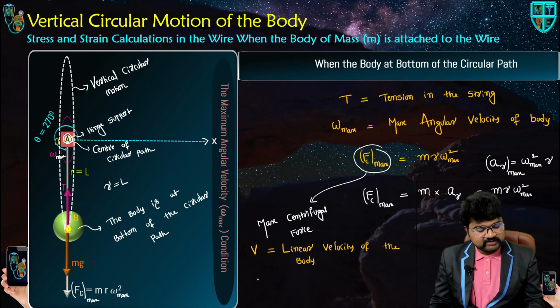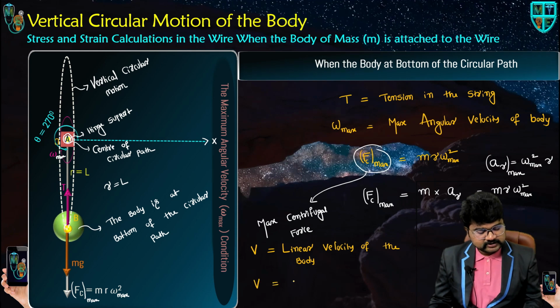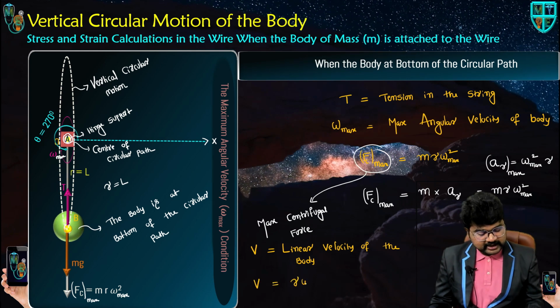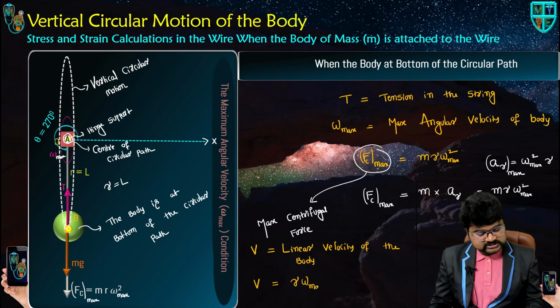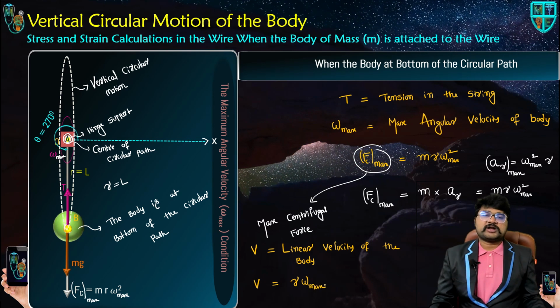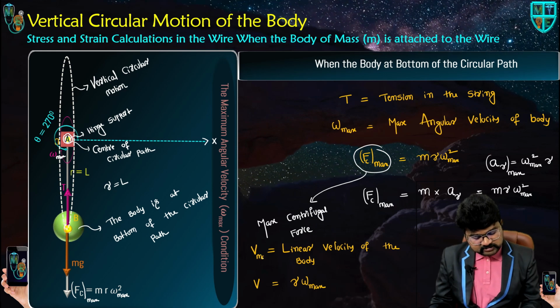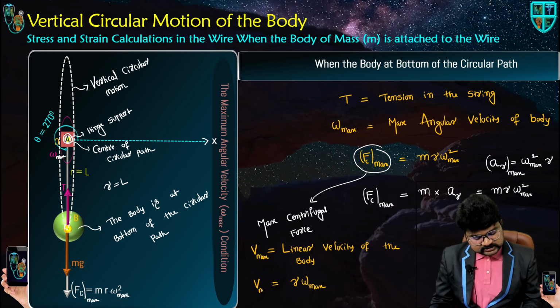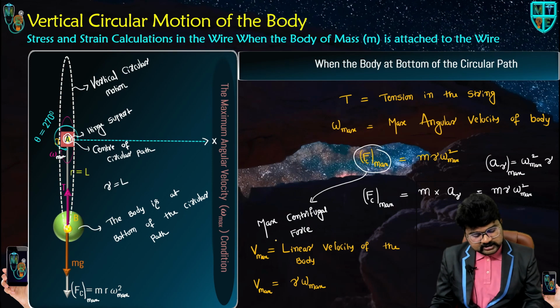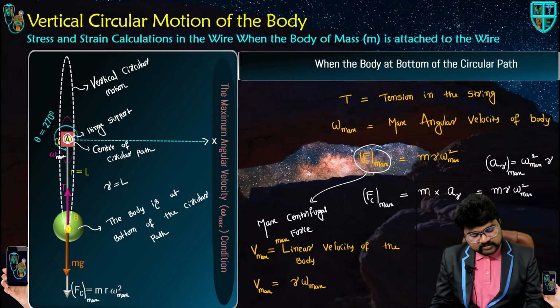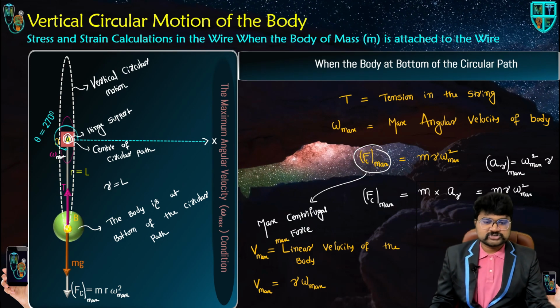What is the linear velocity of the body here? It is r omega maximum. Understood now? Omega maximum into r. This would be the maximum linear velocity of the body when it is in circular motion.